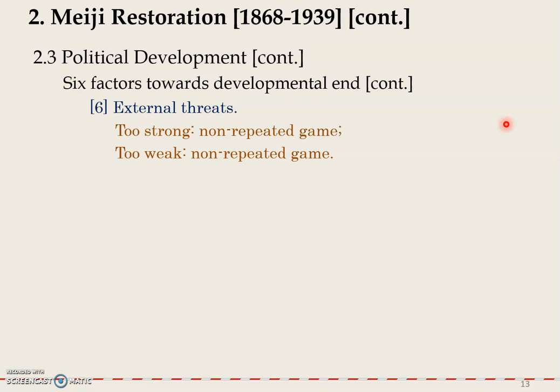Okay, again, that is not a long repeated game. In other words, there's no tomorrow, no next week. Okay, they can just do whatever to maximize their own benefit.